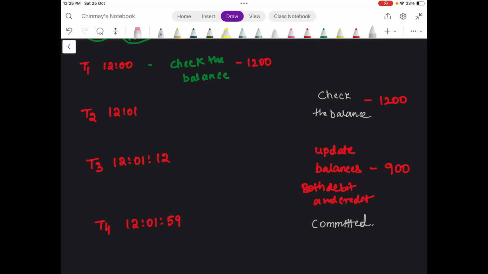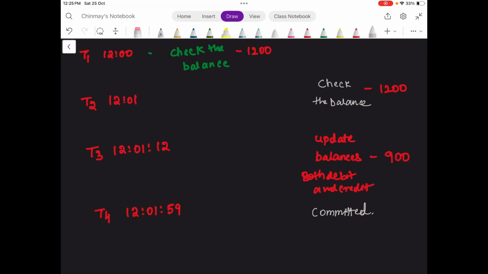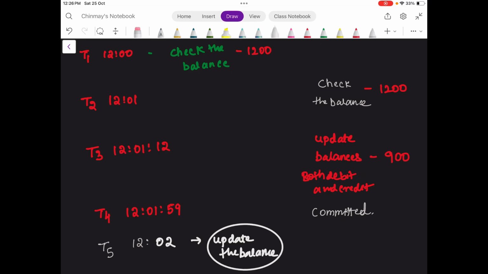Now, because the husband is outside, his transaction is a little bit slow because his internet connection is slow. At time T5, 12:02, he is trying to update the balance as 1100 to debit.